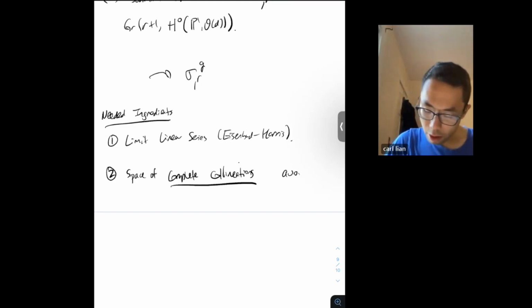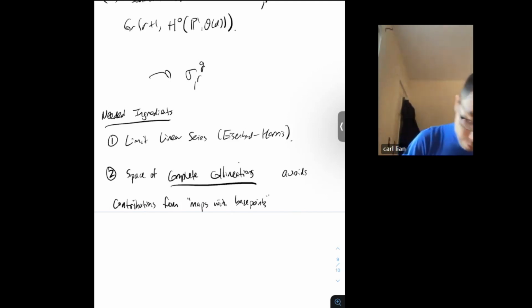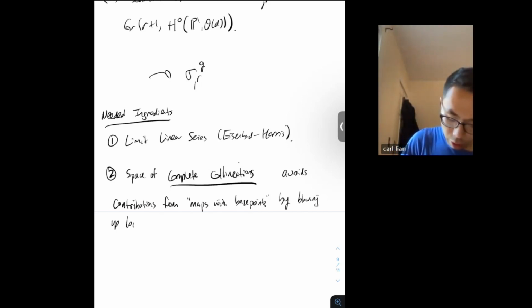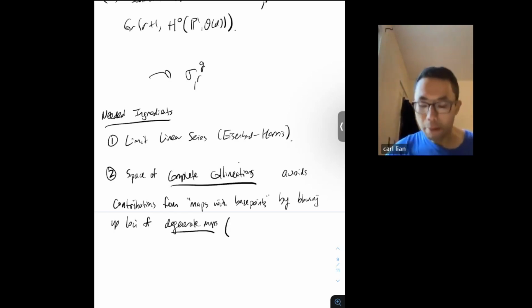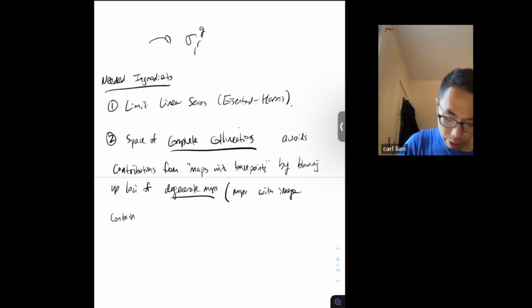So it avoids contributions from maybe maps with base points, by blowing up loci of degenerate maps. So here by degenerate maps, I actually don't mean maps with base points, but I mean maps with image contained in a hyperplane.